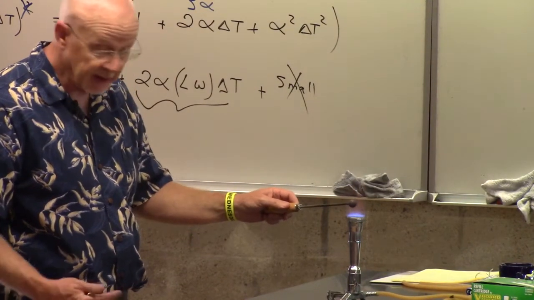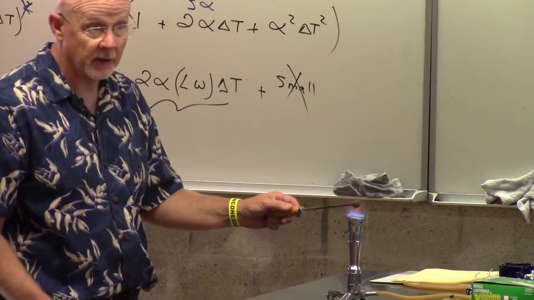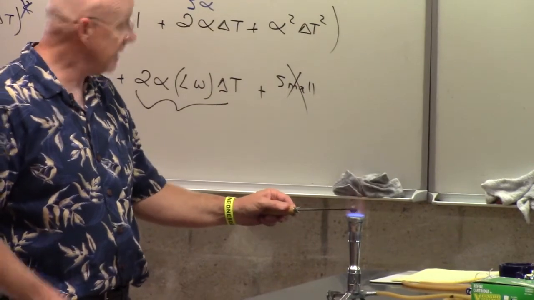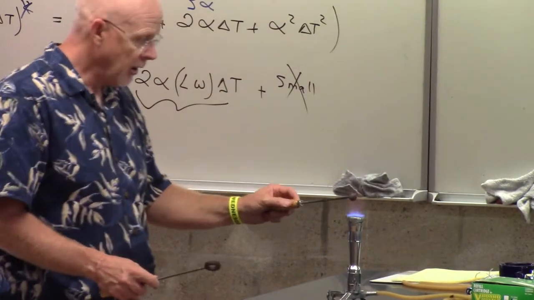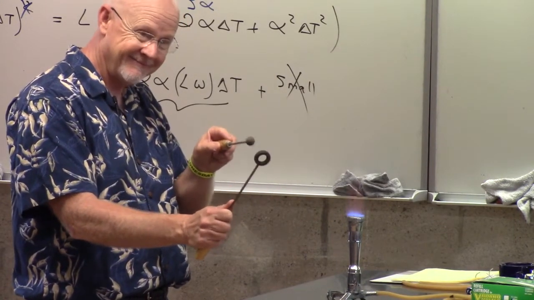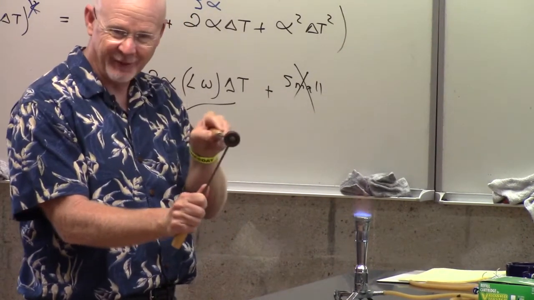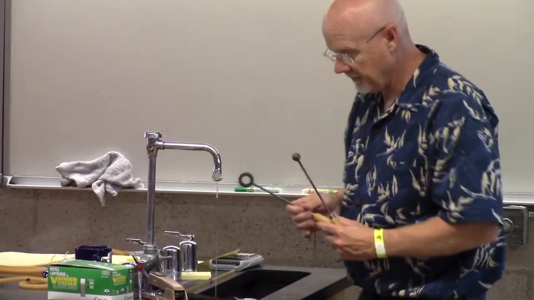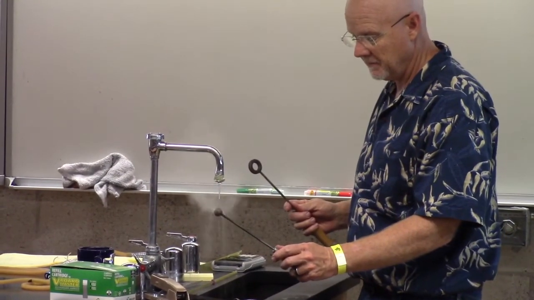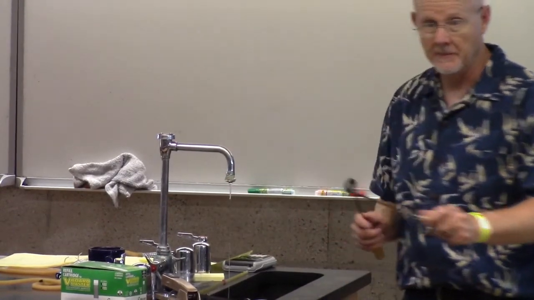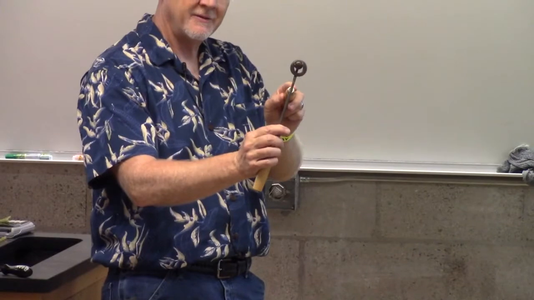And that would be a linear expansion, which would make the volume get bigger, so that would be a volume expansion. And I guess the surface area would get bigger. So all those are getting bigger according to this math. But to show you it has gotten bigger, it won't fit. If I cool it down, it should now fit.